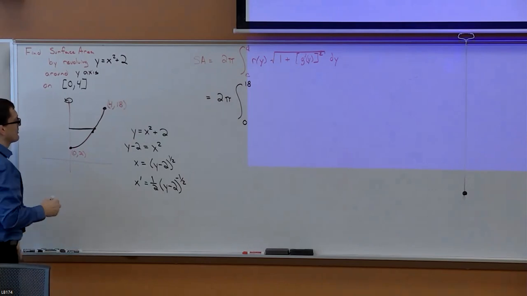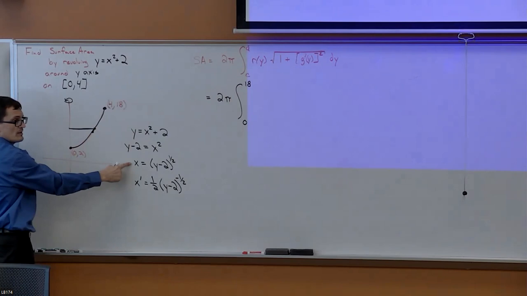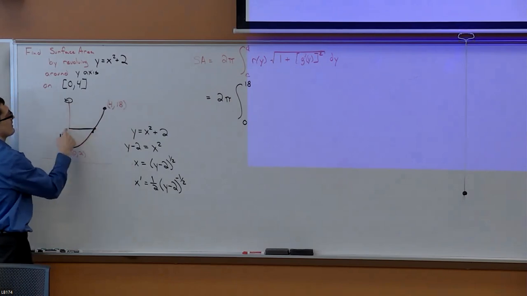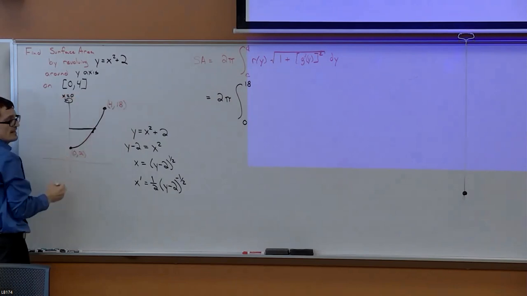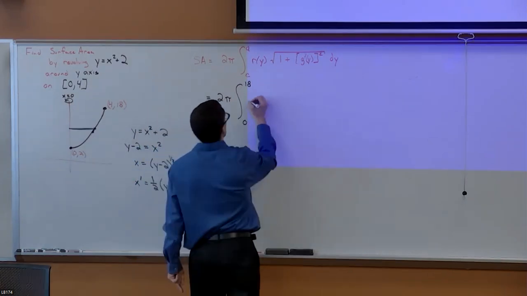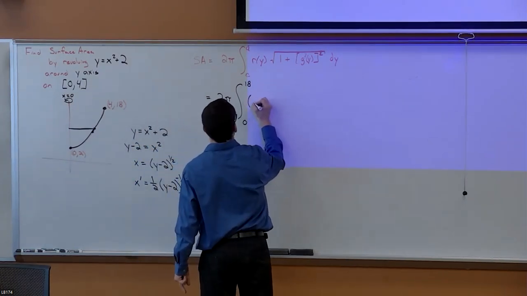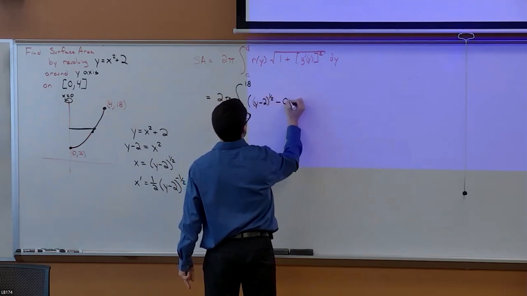My radius goes from this curve down to the line I'm rotating it around, which is simply x equals 0, right? The y-axis. So it's from this curve, from (y minus 2) to the 1/2 power, down to 0.